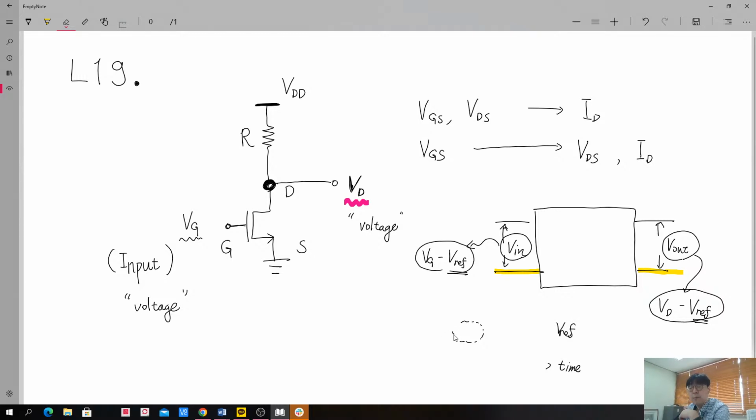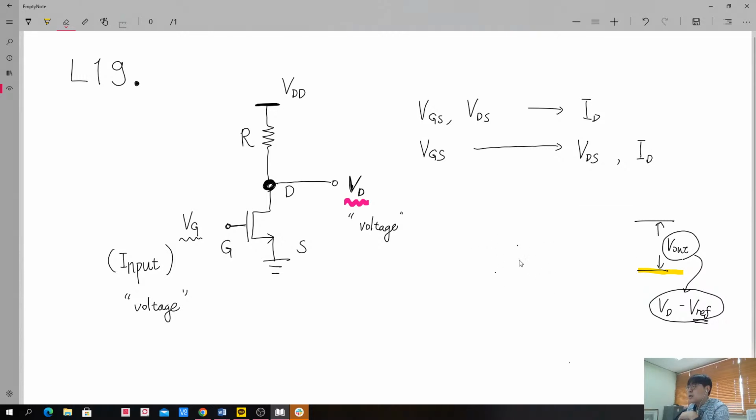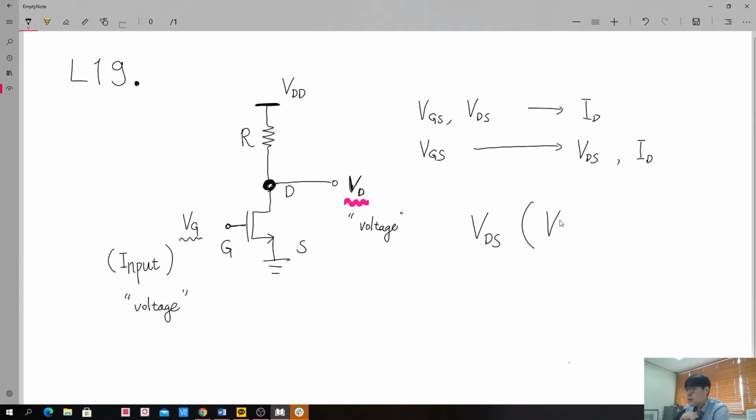Input is a voltage variable, and output is also a voltage variable. So we wanted to calculate their behavior. If we follow this analysis, finally we will get this form. Simply speaking, VDS is expressed as a function of VGS.